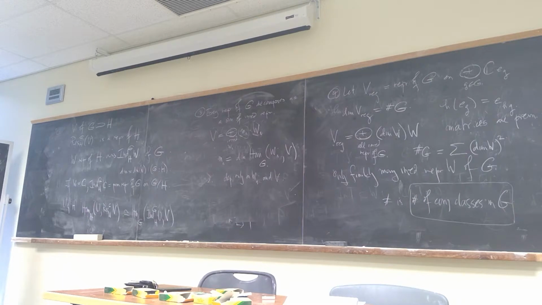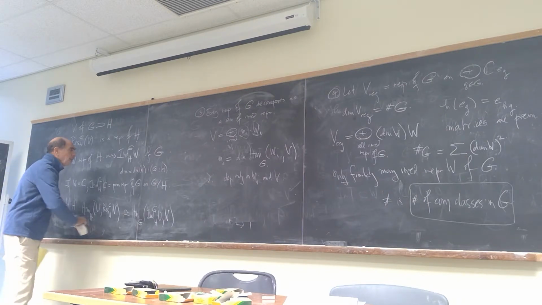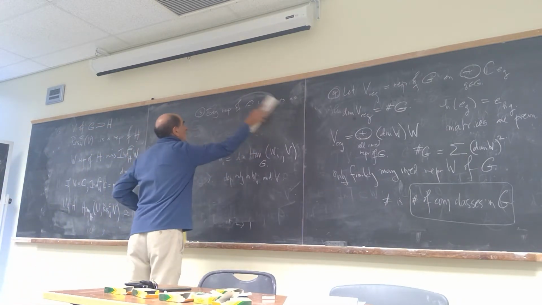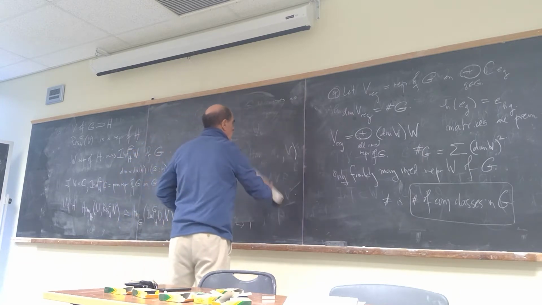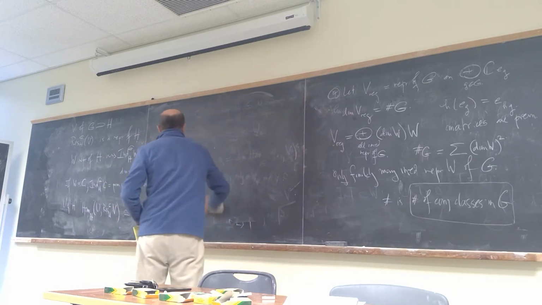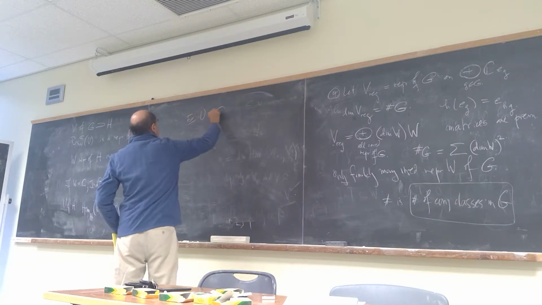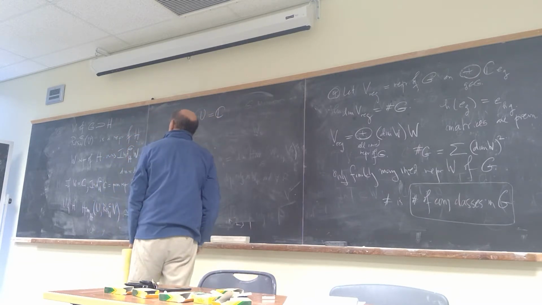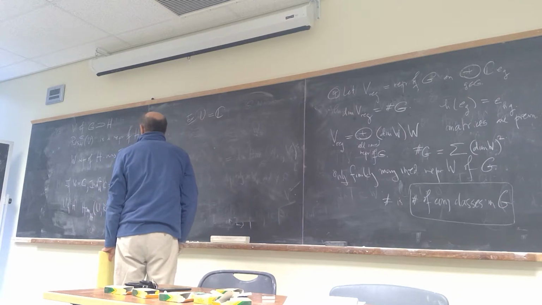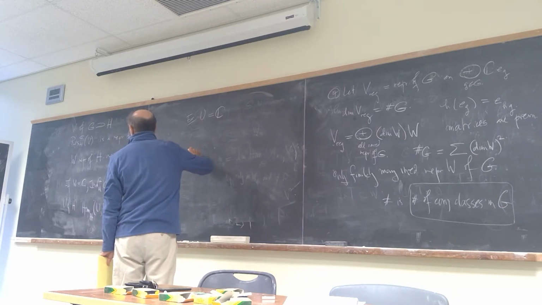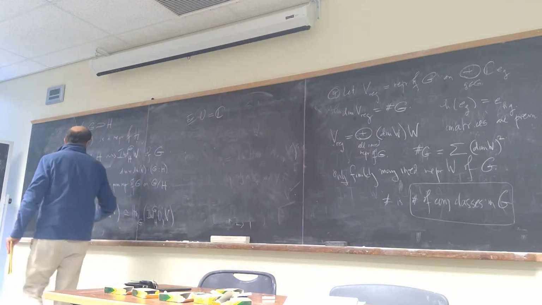In particular, they have the same dimension. So let's take the simplest example. Let's take the trivial representation C of H. What's the dimension of this space?